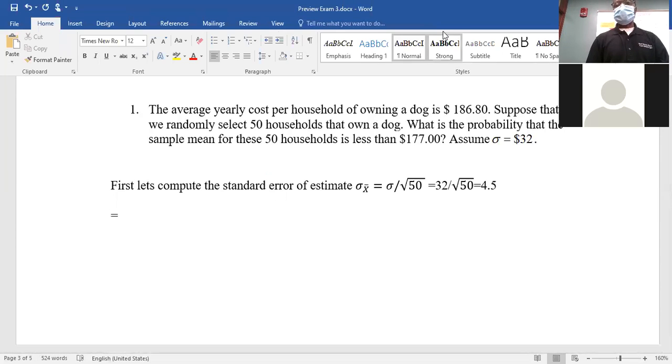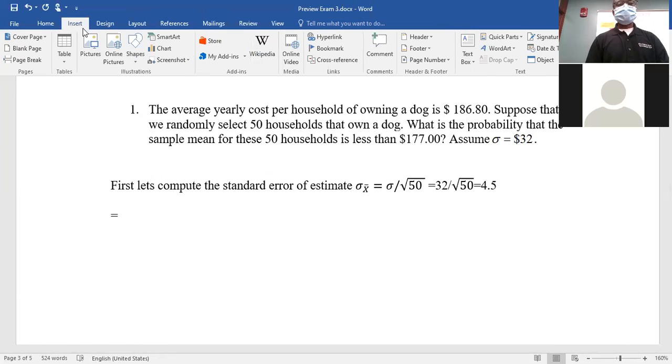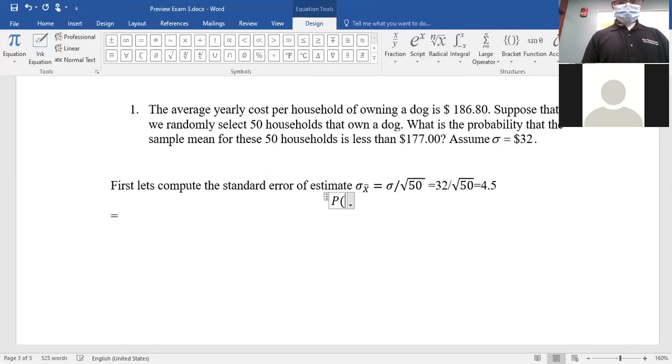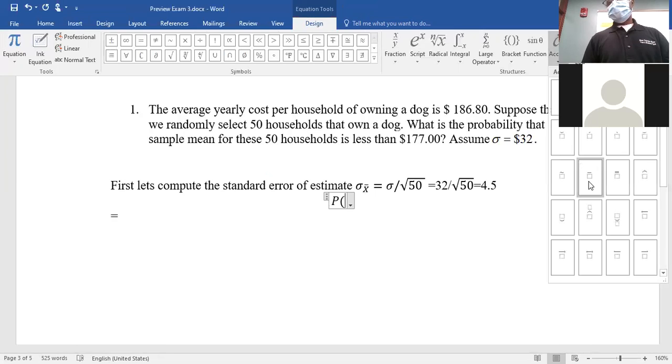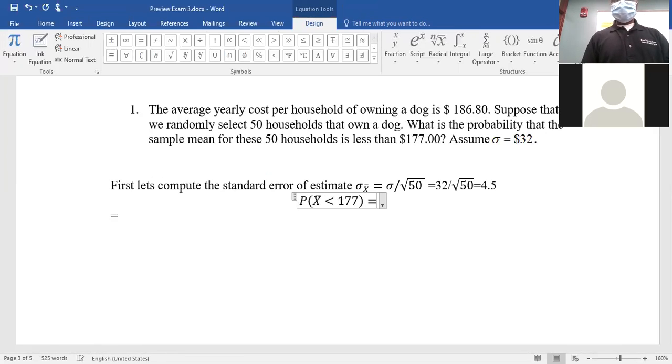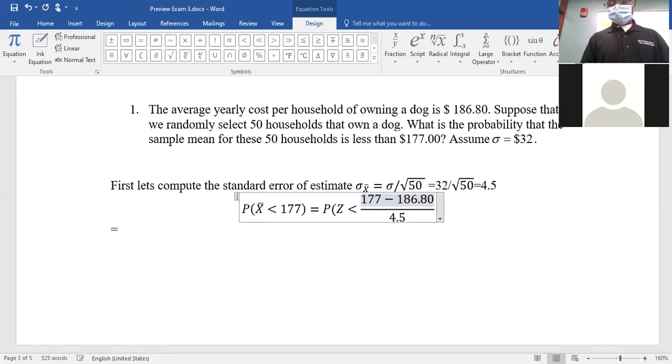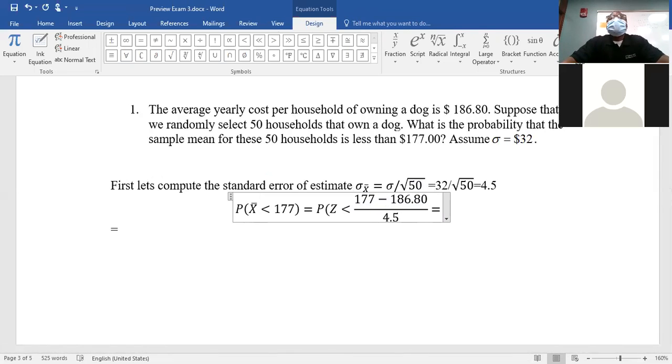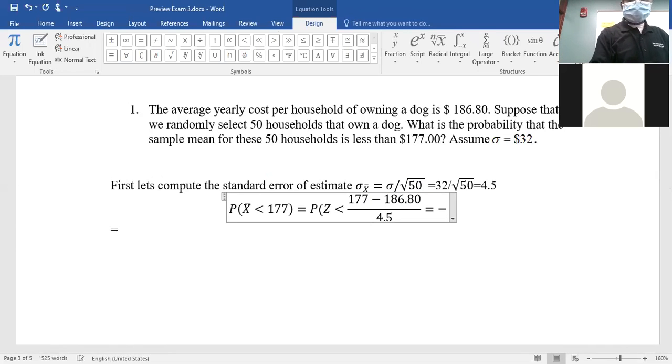So now we want to find the probability about the sample mean. The probability that the sample mean is less than 177 is equal to the probability that Z is less than 177 minus the mean, 186.8, divided by 4.5. 177 minus 186.8 is negative 2.16.